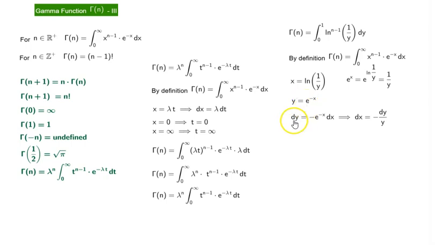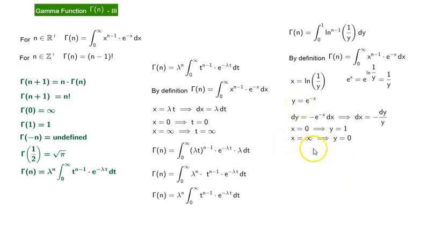And now differentiating this, we get dy is equal to minus e to the power of minus x dx. So here we are differentiating with respect to x, which implies dx is equal to minus dy by y, because dx is equal to dy by minus e to the power of minus x, and e to the power of minus x is y.